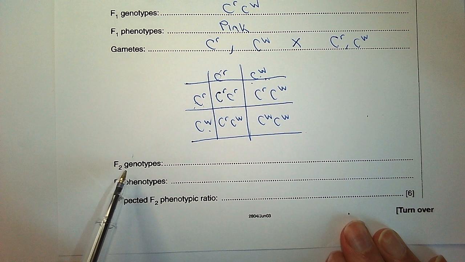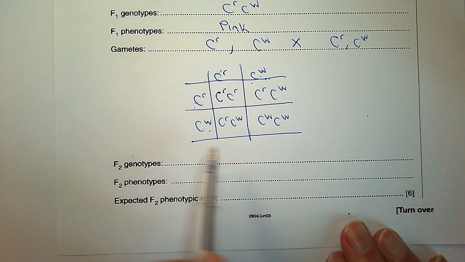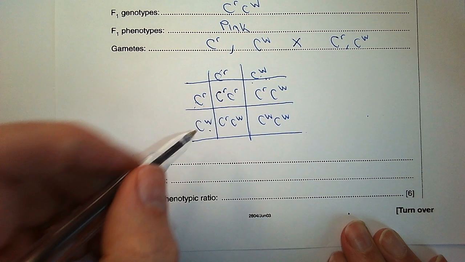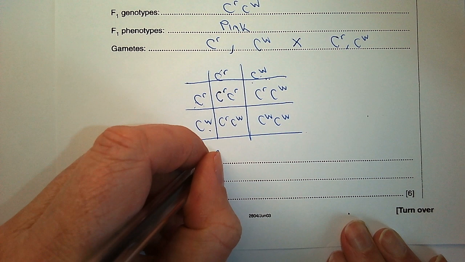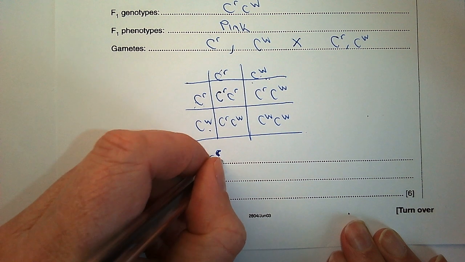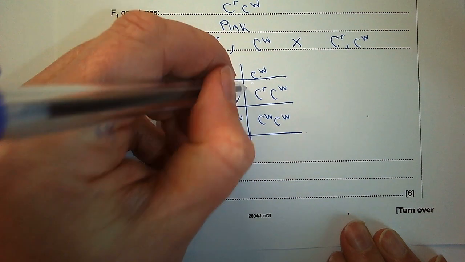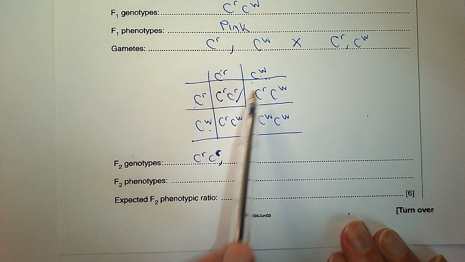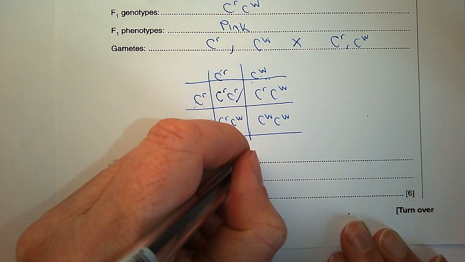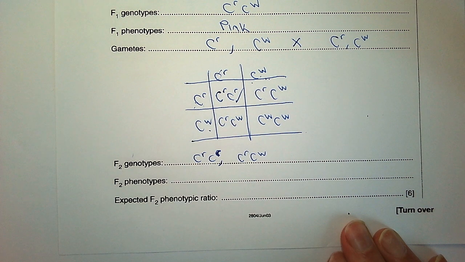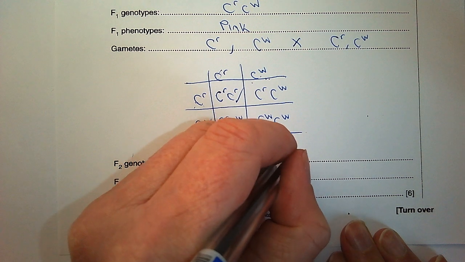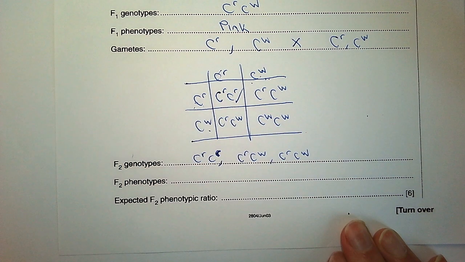We're now asked to write down the genotypes. Well, we can see we've got CR, CR as one genotype of the offspring. So that's one done. We've got two that are CRCW. So we've got CRCW, CRCW.